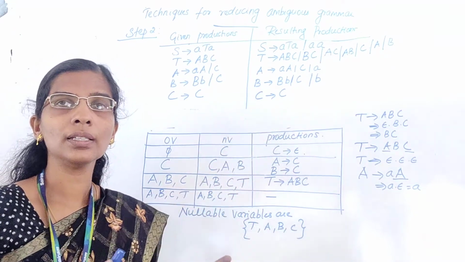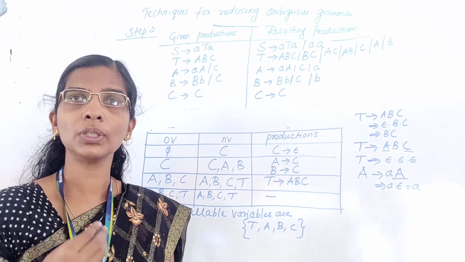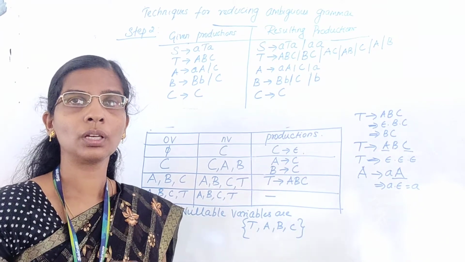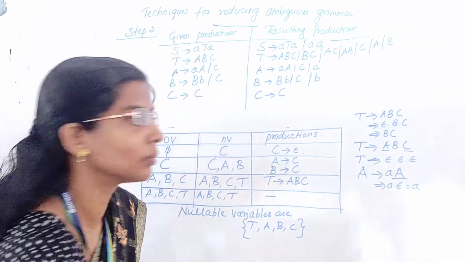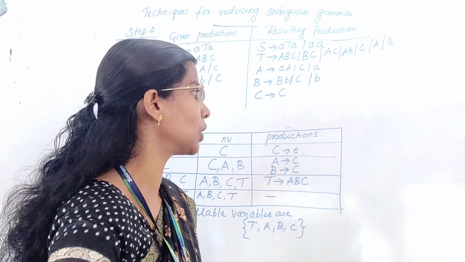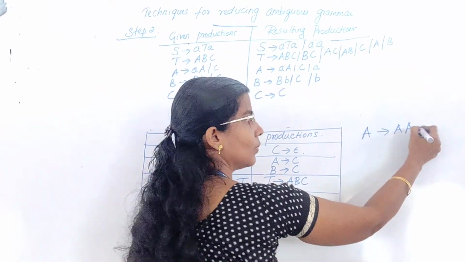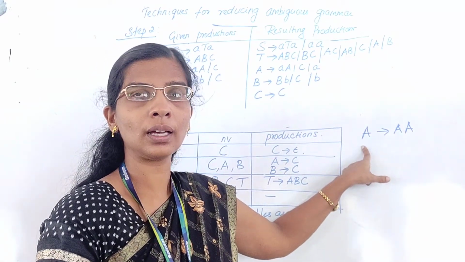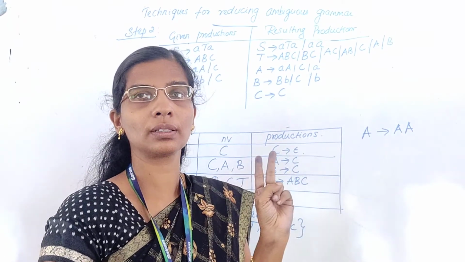Step 3: if there is any recursive symmetric rule, you have to eliminate such productions. What do you mean by recursive symmetric rule? Suppose you have some production like this. In the RHS I should have the LHS two times.